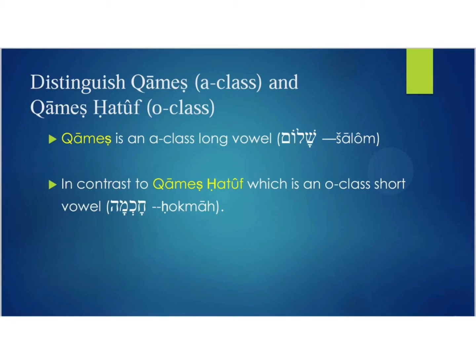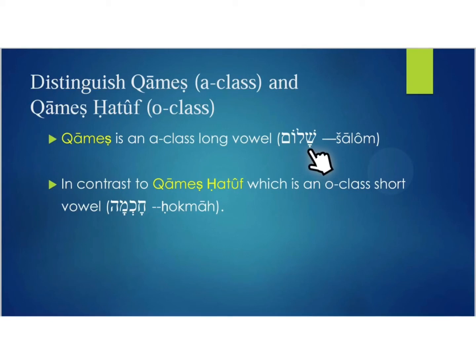Now, knowing the different syllables, open and closed, we will learn how to differentiate between these two vowel pointings: qamets, an A class vowel, and qamets hatuf, an O class vowel. How are we going to identify and differentiate them? Remember, qamets is an A class long vowel. Do you remember? Shalom. Here we look at an A class long vowel.